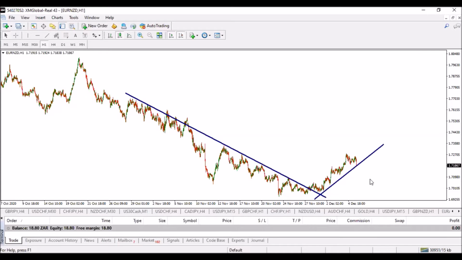So here, I'll just wait to see what will happen over here. We could decide to go to here. But if not, then we're still seeing a push up. We're still seeing a push up for this.